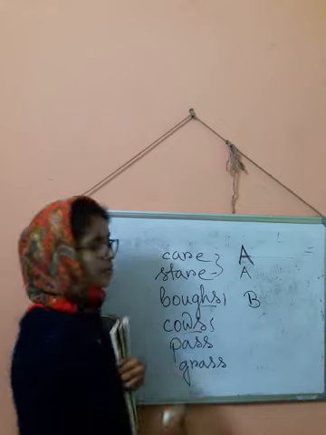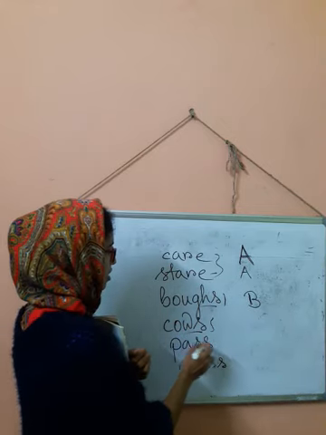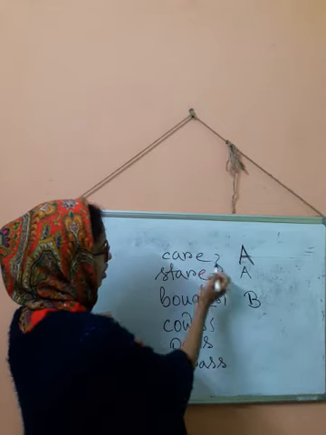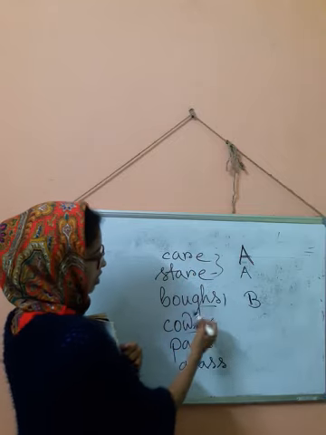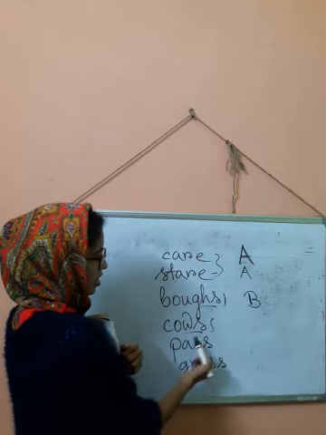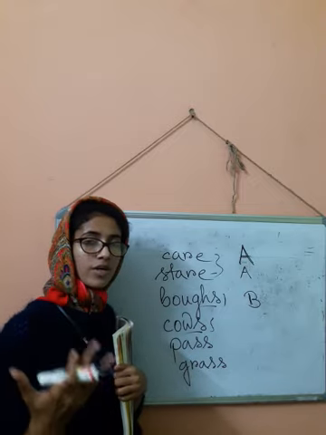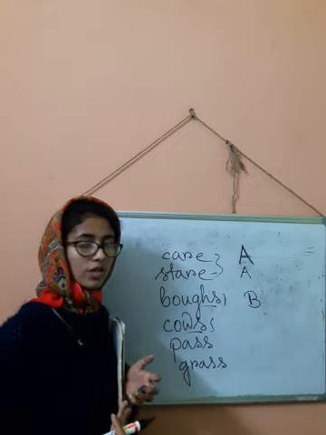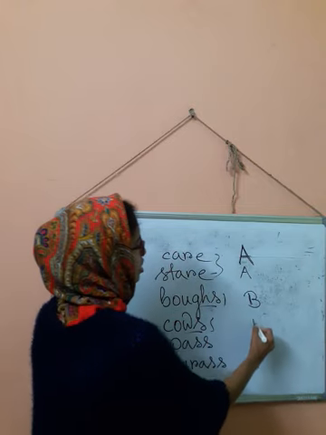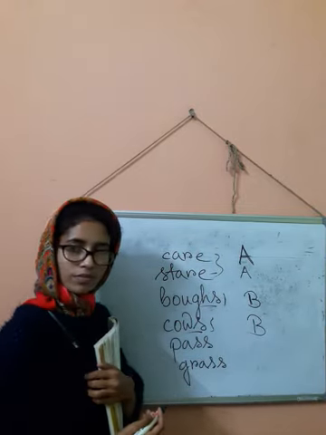See, the spellings are different, right? Here you get A-R-E, A-R-E, but here you are getting O-W-S and here O-W-S, totally different. But as they are rhyming in sound, the sounds are rhyming with each other. So again this B will be repeated here.